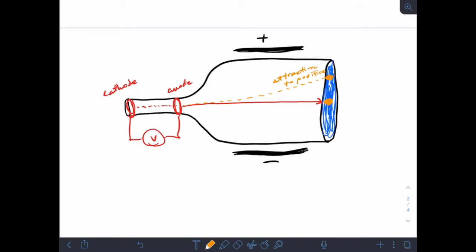So they were able to suppose that some sort of negatively charged particle was being made. Not necessarily made.